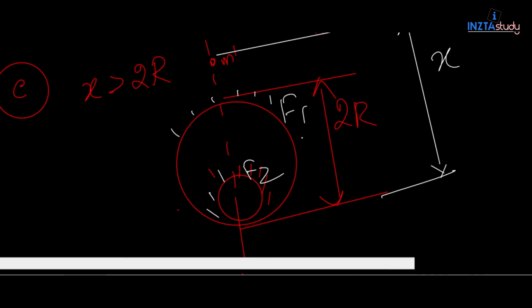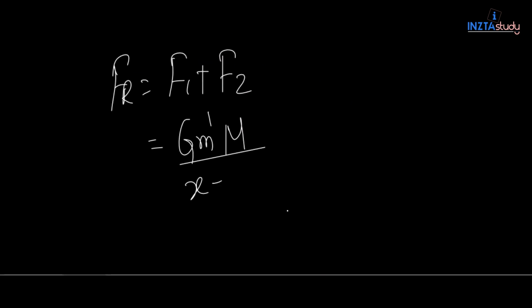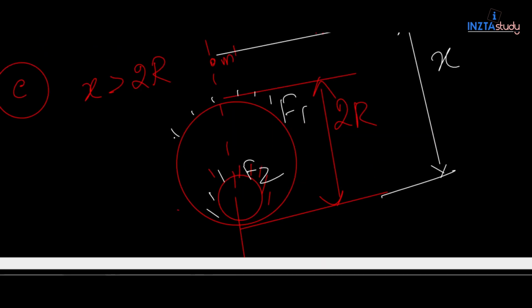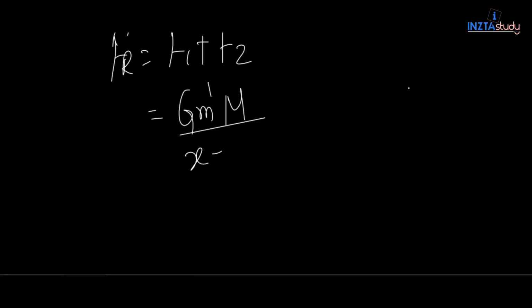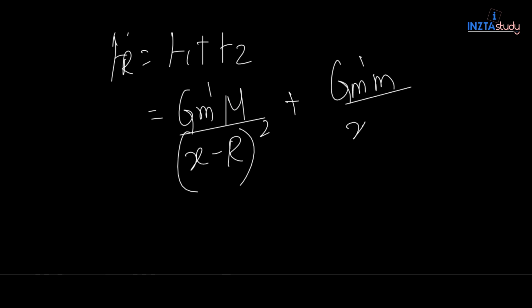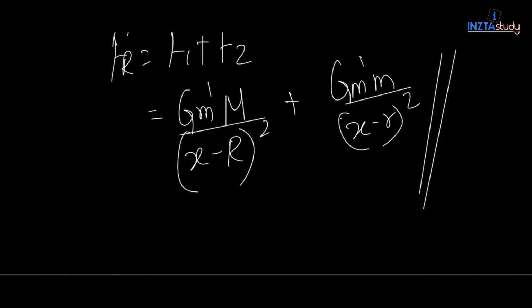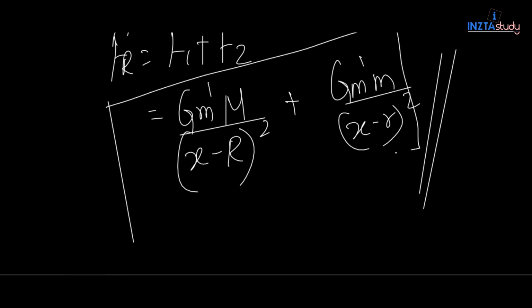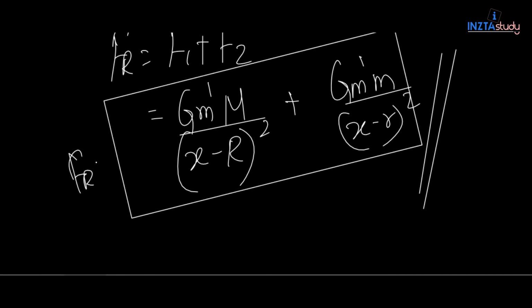From the CG actually we'll have to take into account, so this is x minus capital R the whole square, plus G m dash small m divided by x minus small r the whole square. This is what we have found in subdivision B. So these are the three answers. So this is the final answer.